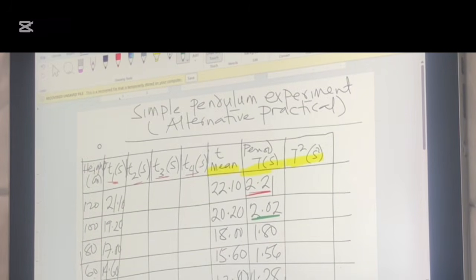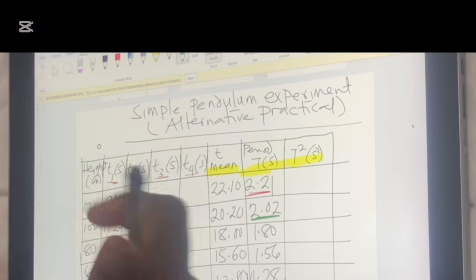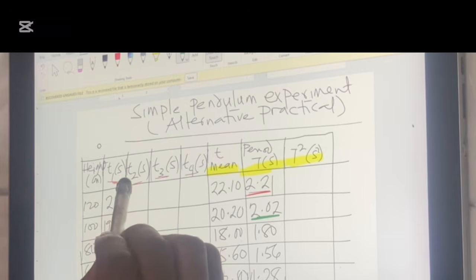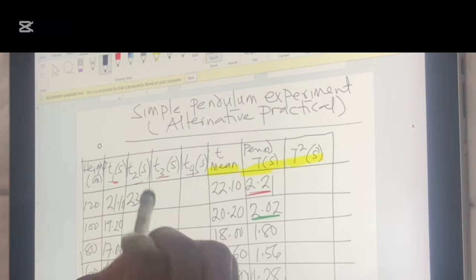When you do that, we have something like this. Let's do it together. So 2 times 22.10 is 44.2. So that means 44.2 minus 21.10, my T2 is 23.10.